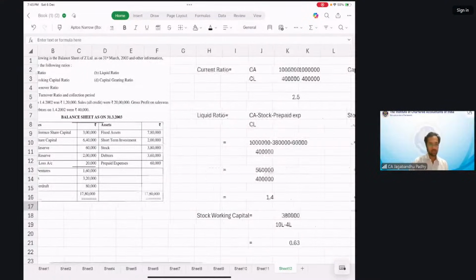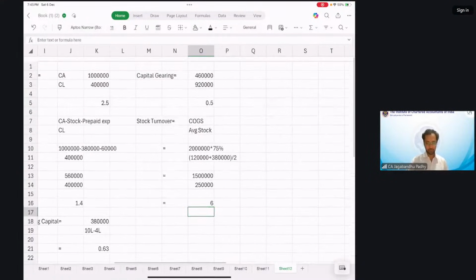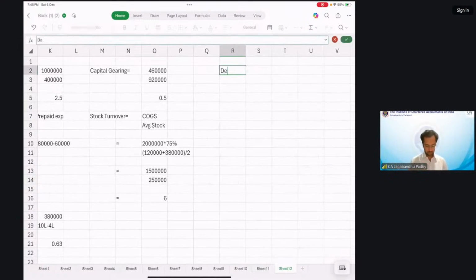Then debtors turnover. So debtors turnover is credit sales upon average debtors. Right.